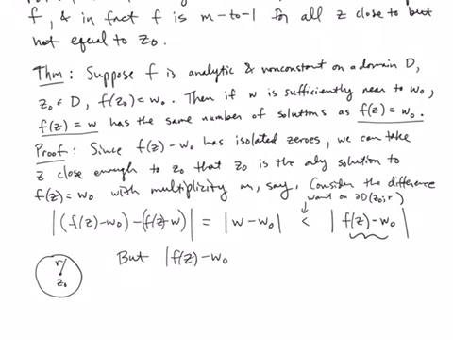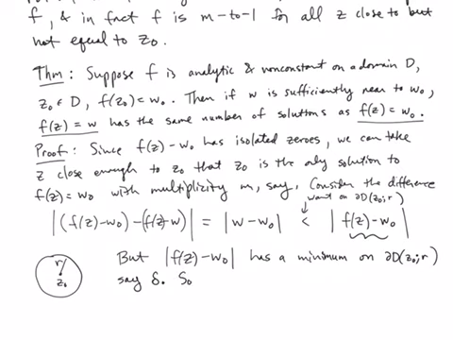But the norm of f of z minus w naught has a minimum, say delta, on the boundary of the disk of radius r around z naught. This is a theorem in analysis: on a closed and bounded set, this continuous function has to have a minimum.